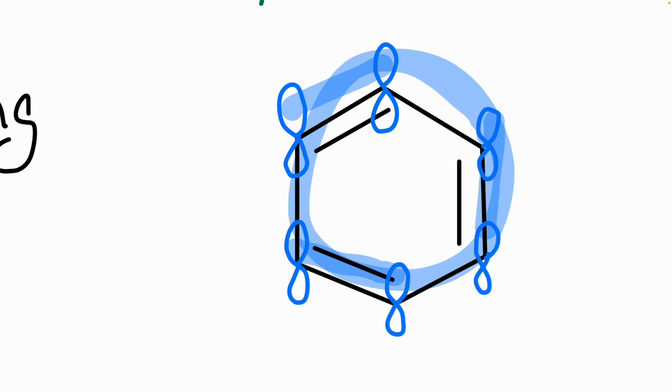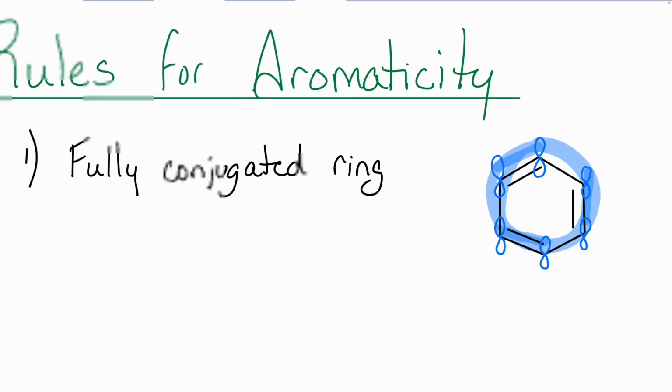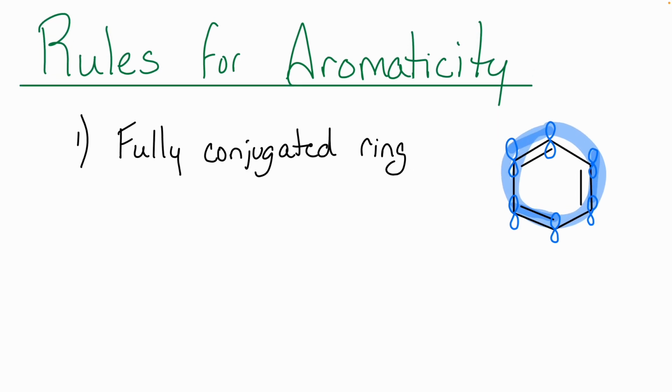They are traveling throughout the entire ring, right? So this network of delocalized pi bonds is essential for this quote-unquote aromaticity here. All right, so benzene meets that qualification of having that fully conjugated ring.